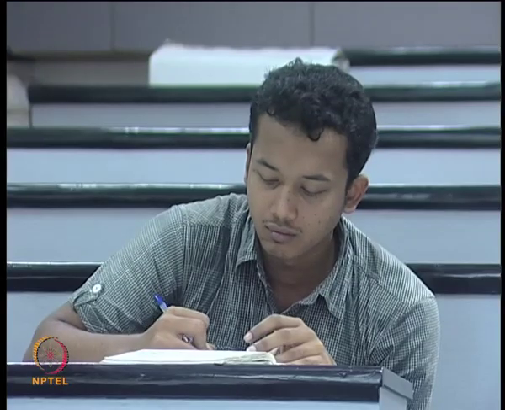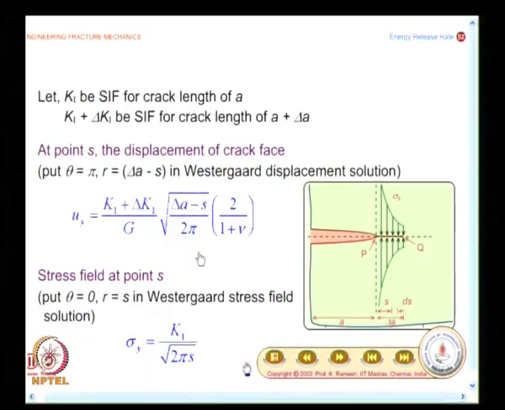Now, what you will have to remember is the expression for your displacement. I have already highlighted how it is, and I am going to write only the final expression and just verify whether you have got the similar expression. Because I take a crack of length A plus delta A, I anticipate K should be written as K1 plus delta K1, there would be some small change.